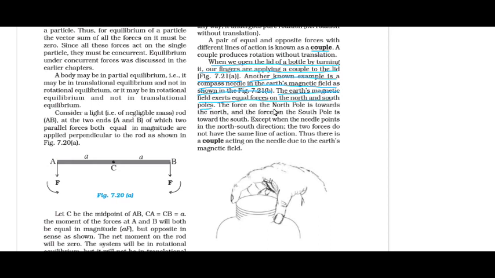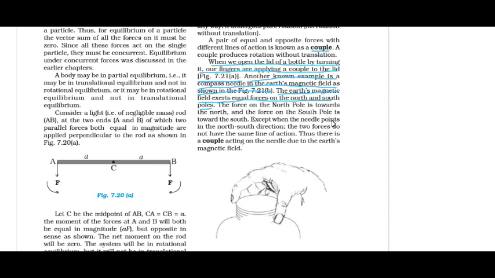The force on the north pole is towards the north and the force on the south pole is towards the south. Except when the needle points in the north-south direction, the two forces do not have the same line of action. Thus, there is a couple acting on the needle due to the Earth's magnetic field.